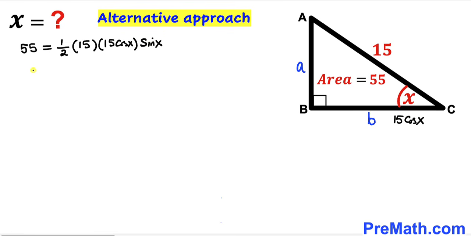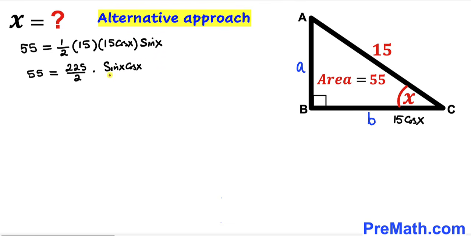And now we can simplify this. We can write 55 equals, if we multiply these numbers, 225 divided by 2 times sine of x times cosine of x.